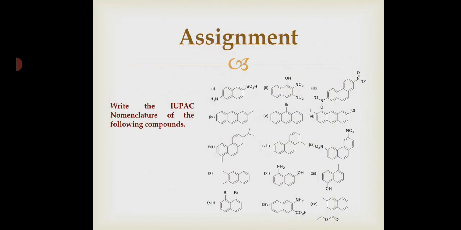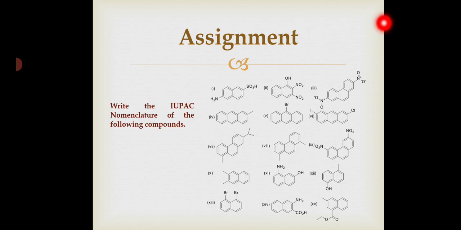Now comes some assignments for you. There are 15 fused hydrocarbon derivatives, and you are to write the IUPAC nomenclature of these compounds. So you stop the video, try it yourself to write the IUPAC names, and then come back and see the answer.